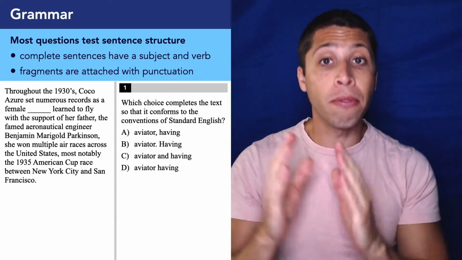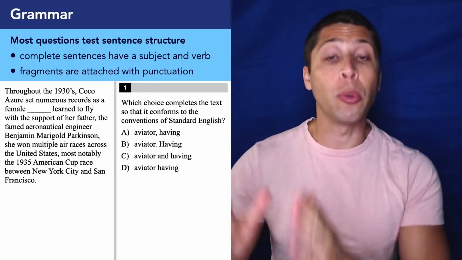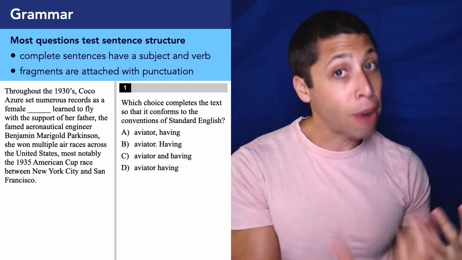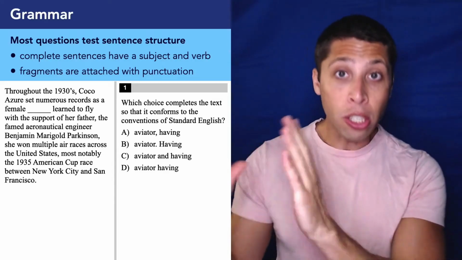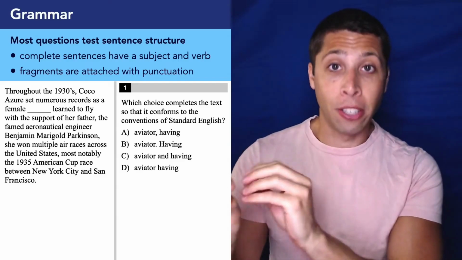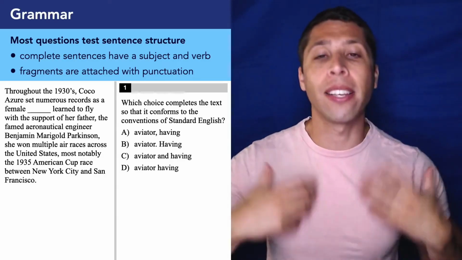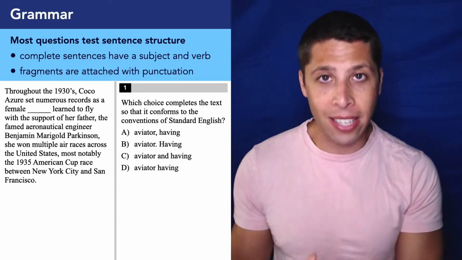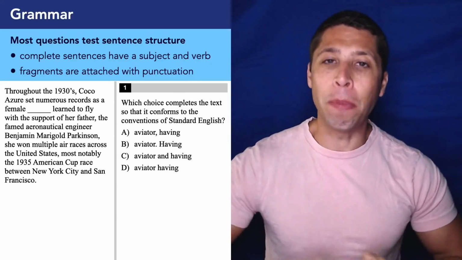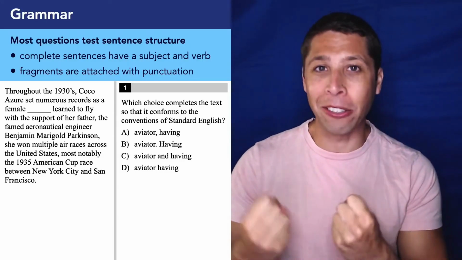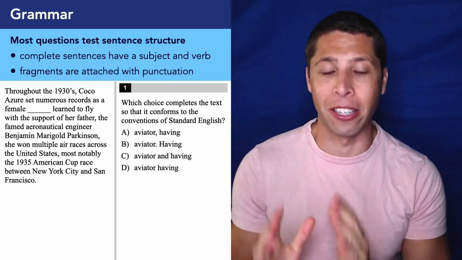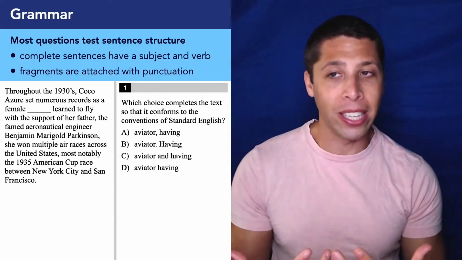You want to be able to very quickly hear the difference between a complete sentence and a fragment or an extra clause. So we're going to use this passage here to try to do that a little bit, and with more practice, with practice tests, you will get better and better at honing that skill. So it is something that should be instinctual. You really shouldn't be like a grammarian, like combing through a sentence here. As much as possible, you want to just feel it out.